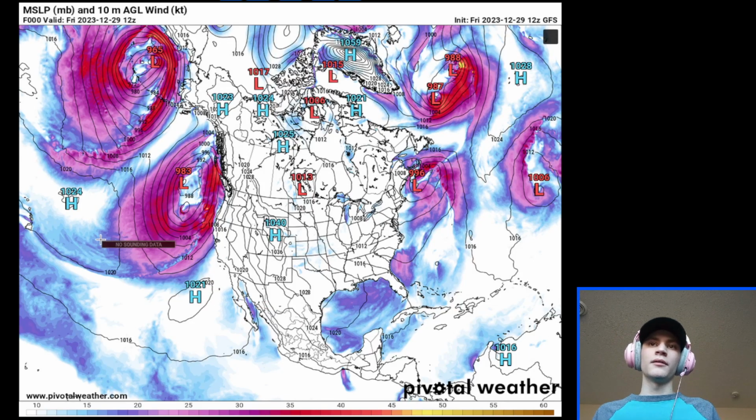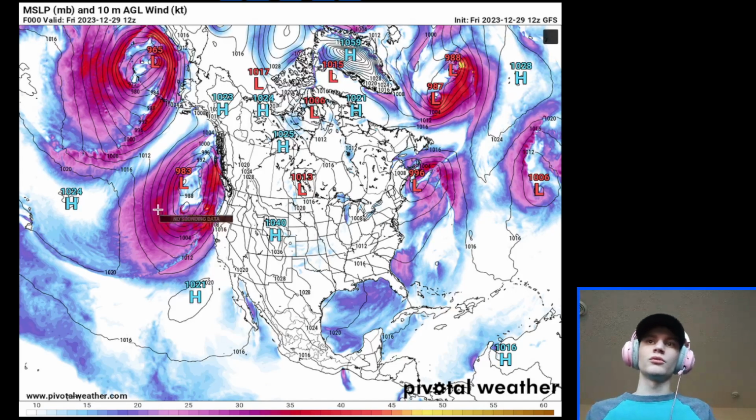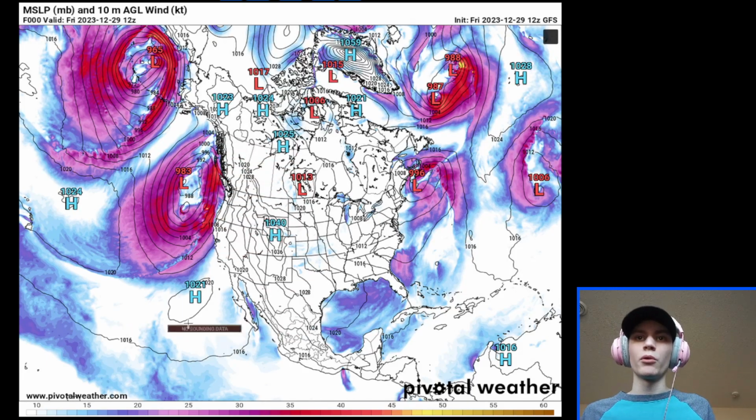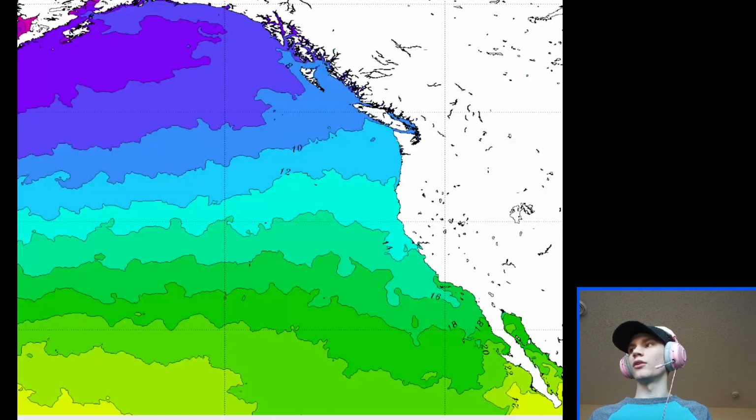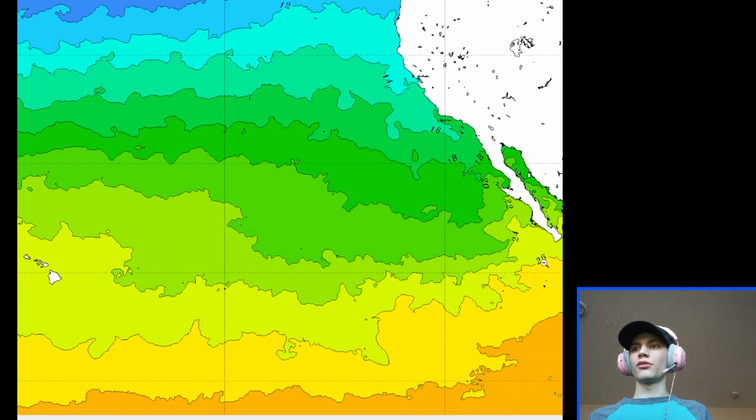So with that in mind, here's high pressure right here, and also the water. Should mention this as well. With high pressure, low pressure, this is spinning counterclockwise. So it's pulling up warmer water from the south because there are warmer waters down south. If we go to this right here, you can see this is in Celsius, but you can tell by the colors.